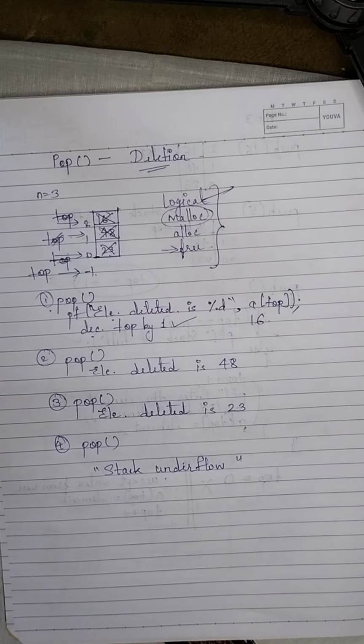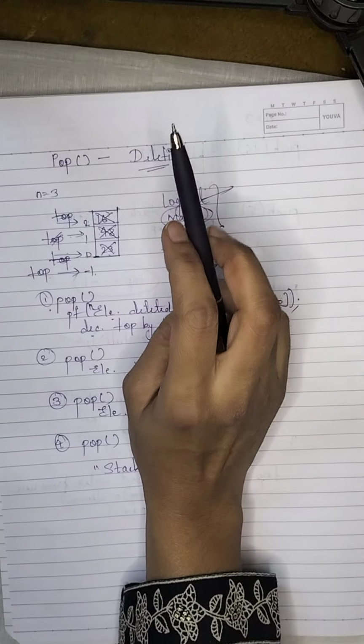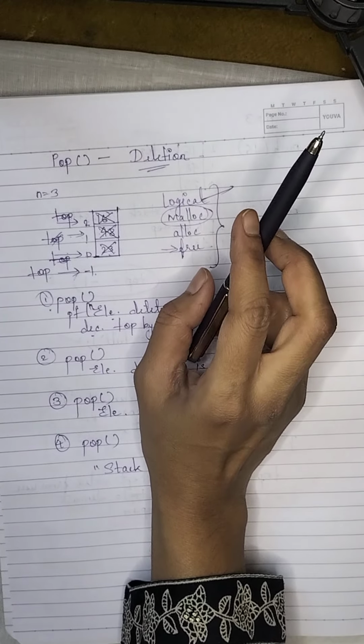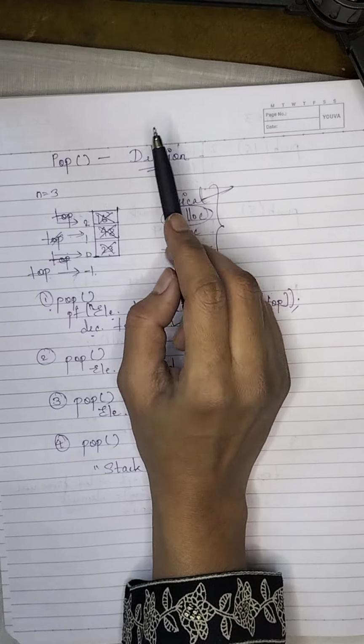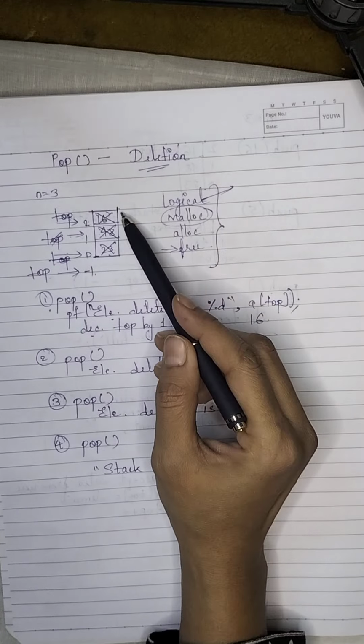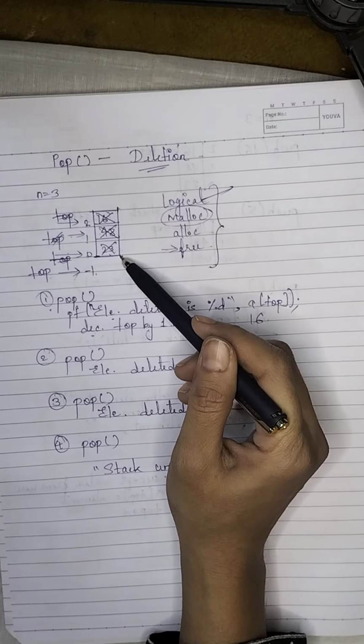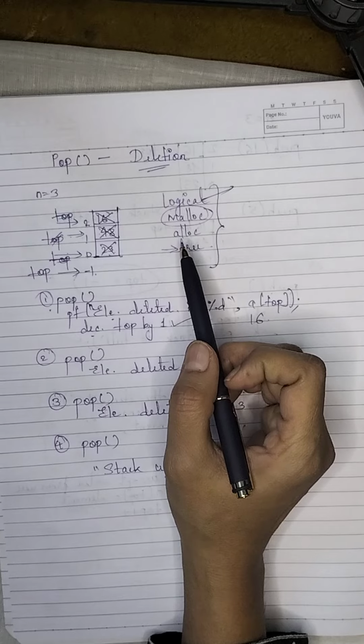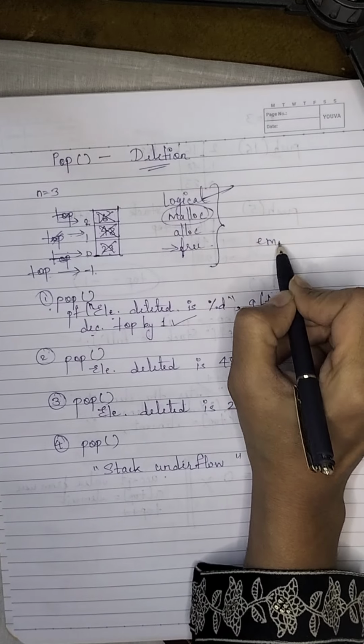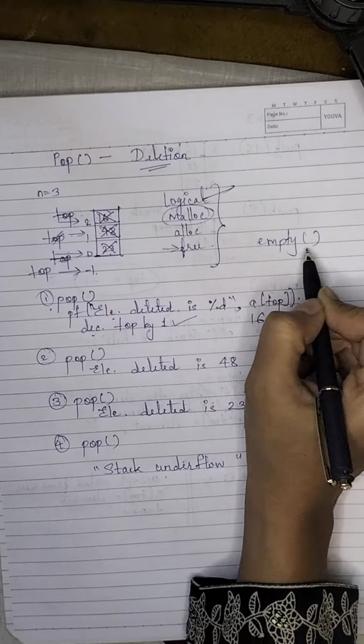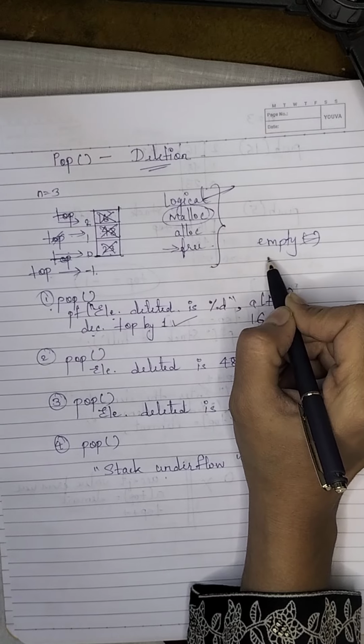Getting? So similar to the push function, where during insertion we always check whether the stack is full or not, in the same way in the pop function we need to check whether the stack is empty or not this time. Getting, everyone? So if the stack is empty, then just print that stack is empty.